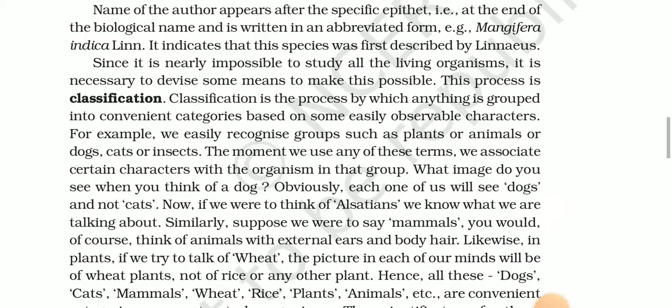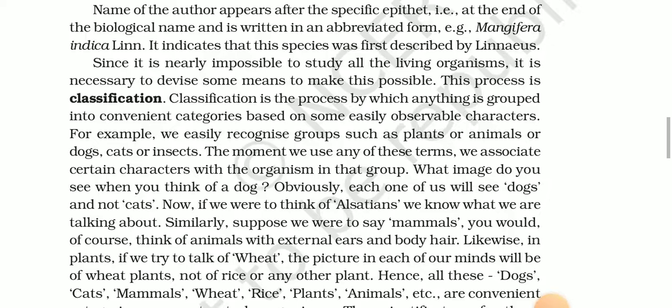Since it is nearly impossible to study all the living organisms, it is necessary to devise some means to make this possible. This process is classification. Classification is the process by which anything is grouped into convenient categories based on some easily observable characters.